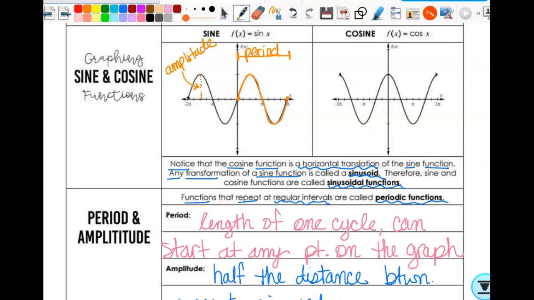So for our cosine, even though we know it's a cosine graph because it tells us, I could start here where it looks like a sine graph and look at my one cycle. But again, would be easier to count if I actually started here at 0, because then I could see that my cycle ends here at 2 pi. So from here to here is the period.